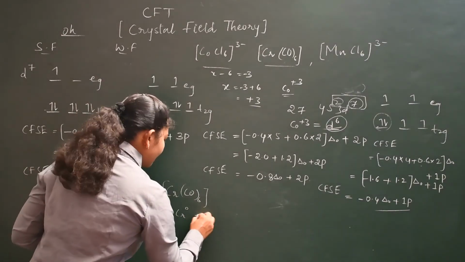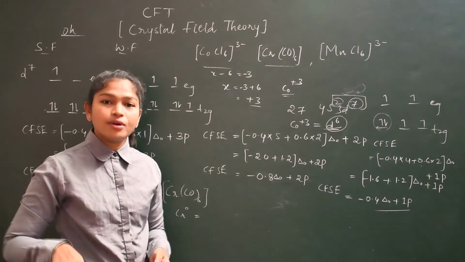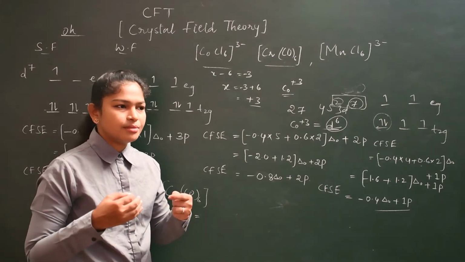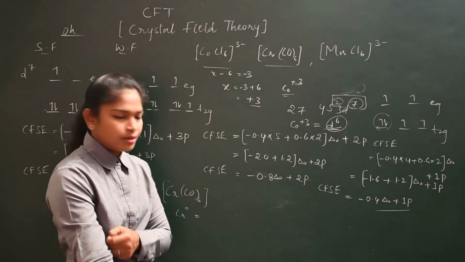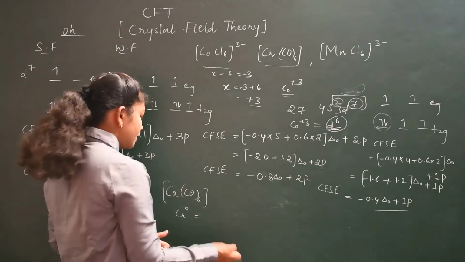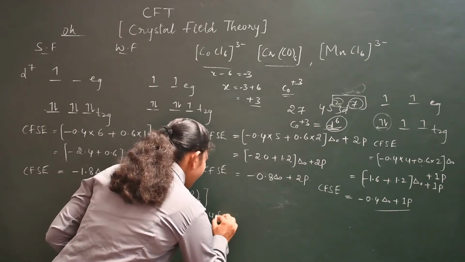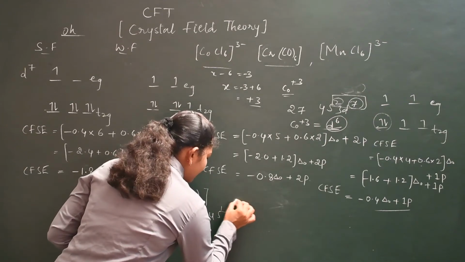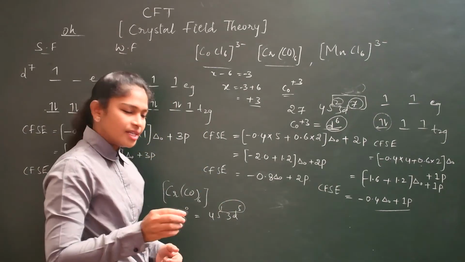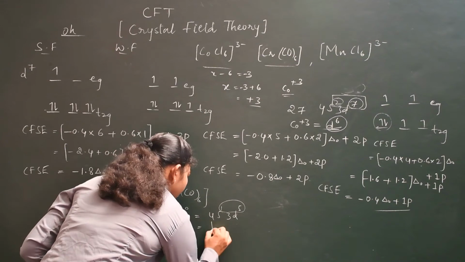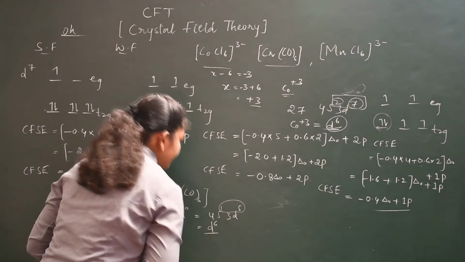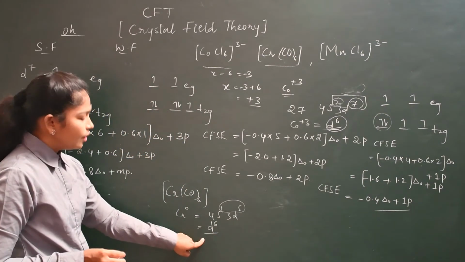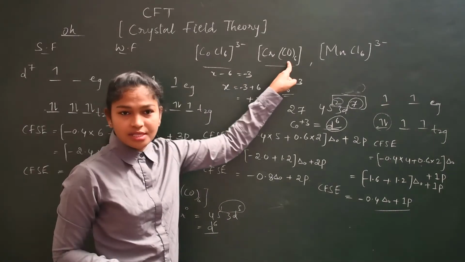So actually 4s2 3d4 should be there, but according to the stability of the atom, we are going to take 4s1 3d5. So how many outer electrons are there? 6. This is also a d6 system now. In excited state also it is a d6 system. D6 system, that too strong field. Carbonyl is a strong field, right?